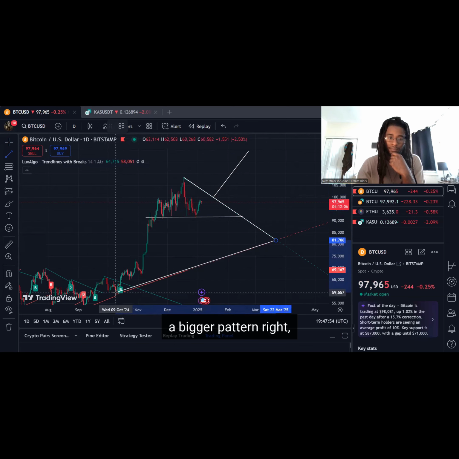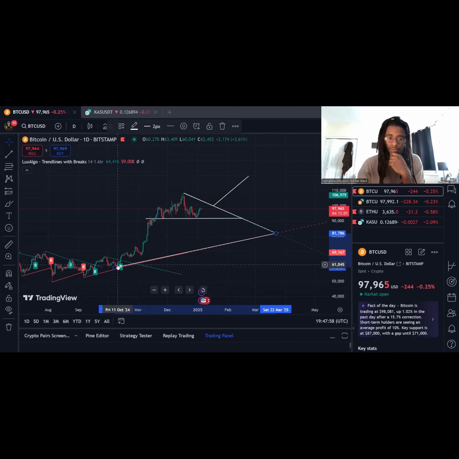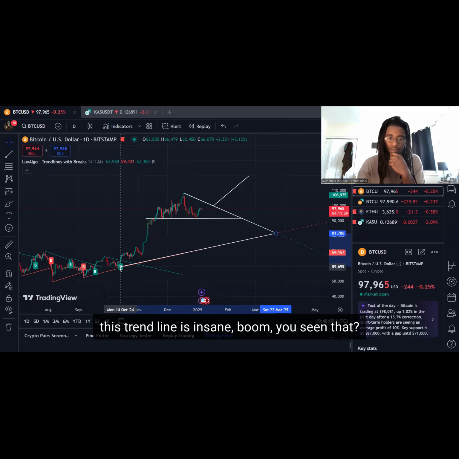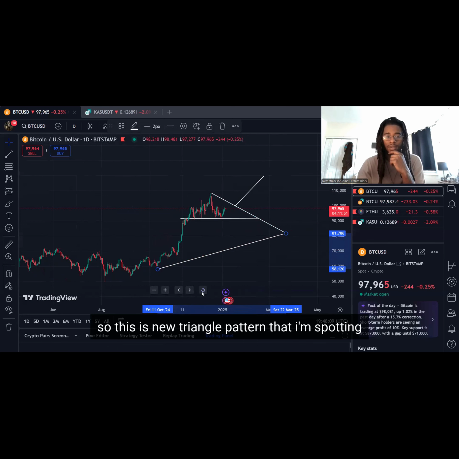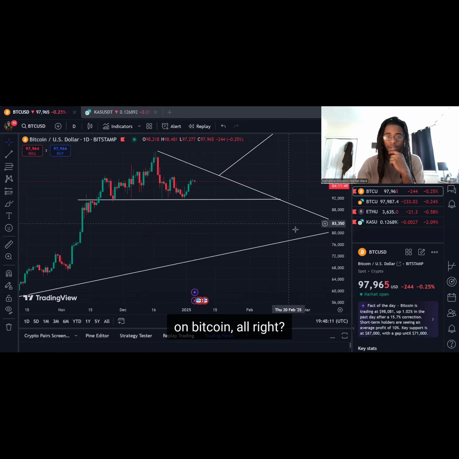The trend line is insane. Boom. You see that? This is a new triangle pattern that I'm spotting on Bitcoin.